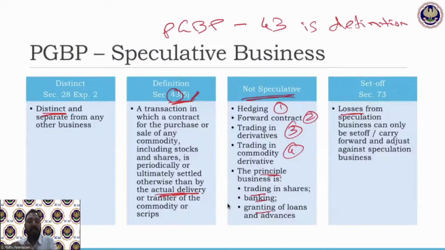The money received as sum assured or whatever from the insurance provider to that particular organization becomes PGBP. So money received from a key man insurance policy provider is taxable under PGBP. There, when it is received by the employee, it is taxable in the hands of the employee. Here we are talking about when it is received in the hands of the employer. So that's what it is about.